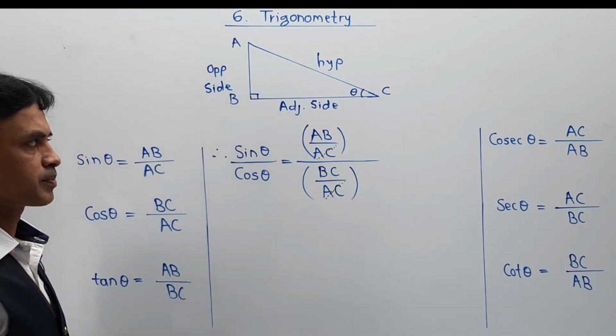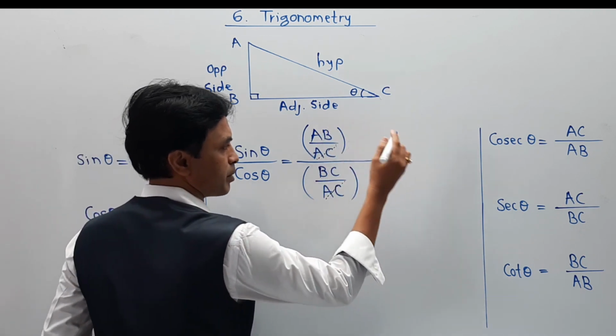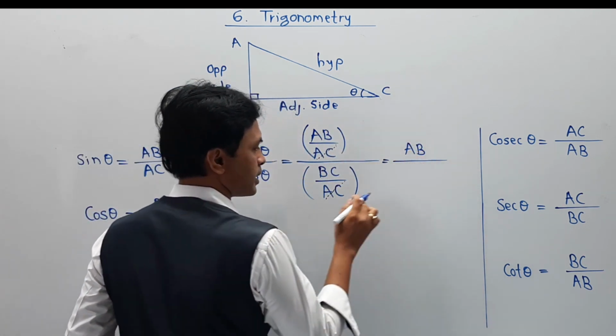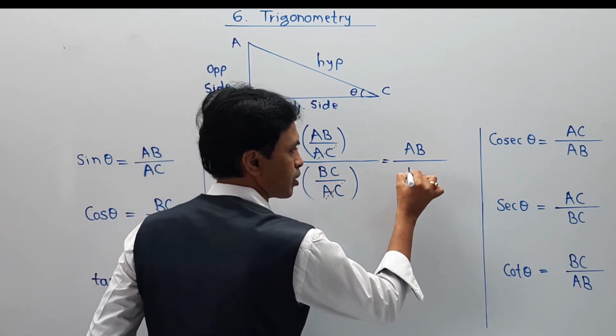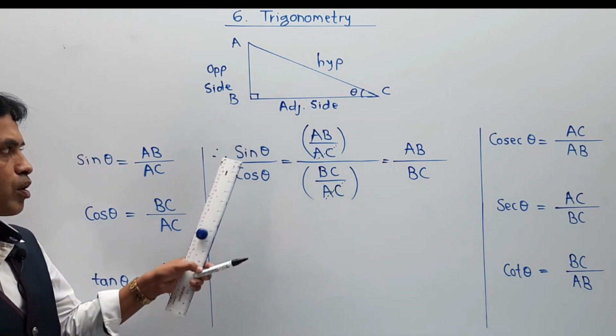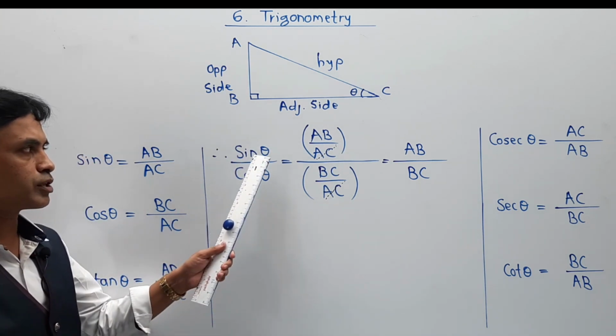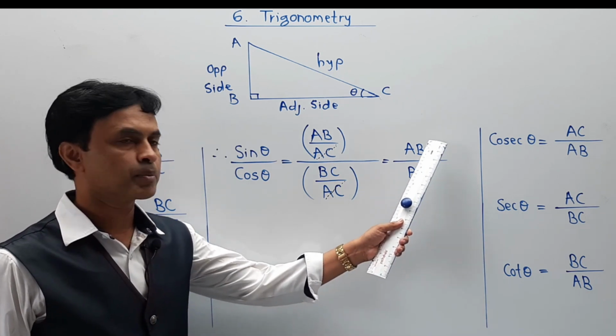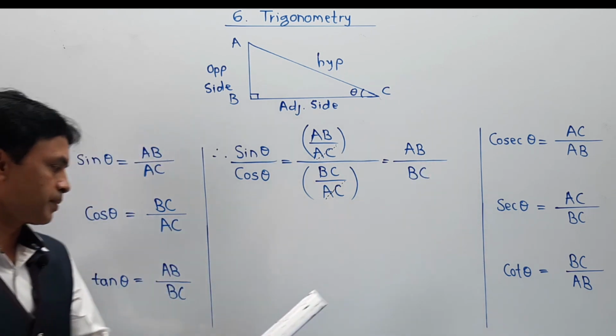The numerator becomes AB and the denominator becomes BC. In this way, the ratio of sin theta upon cos theta becomes AB upon BC. But what is meant by AB upon BC?